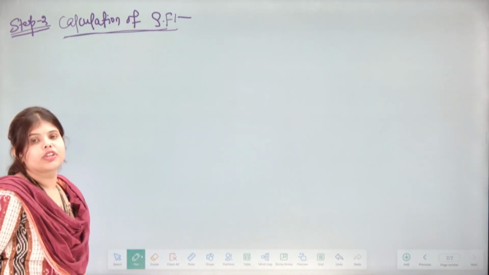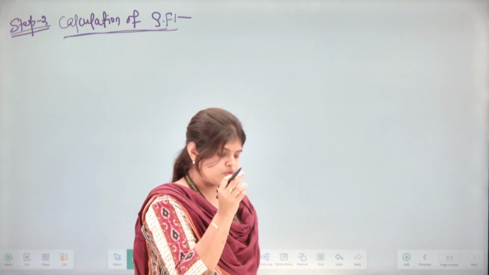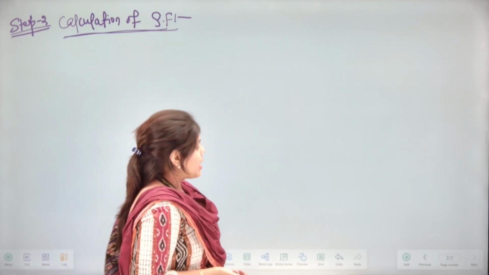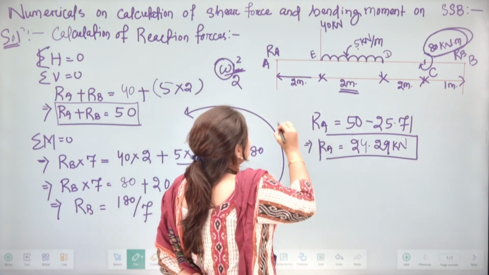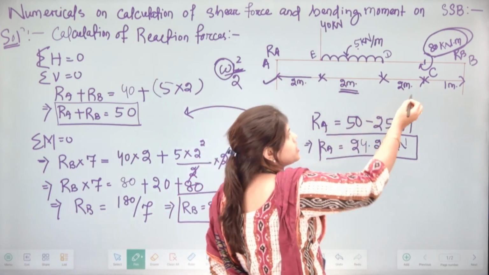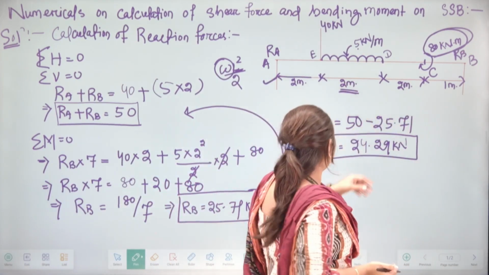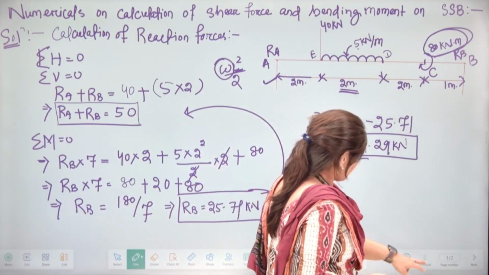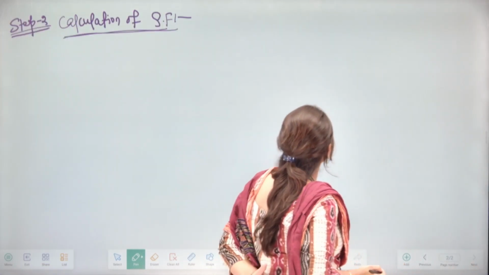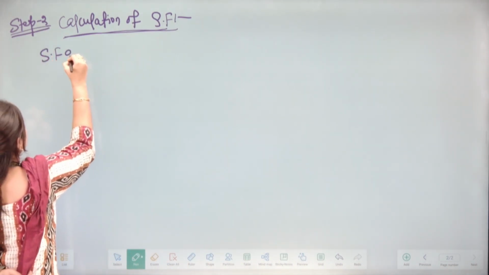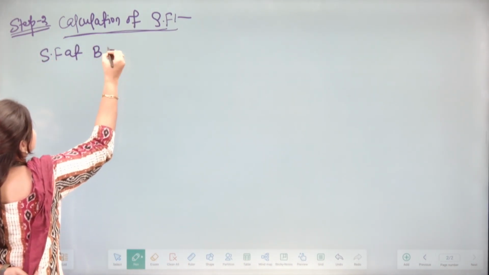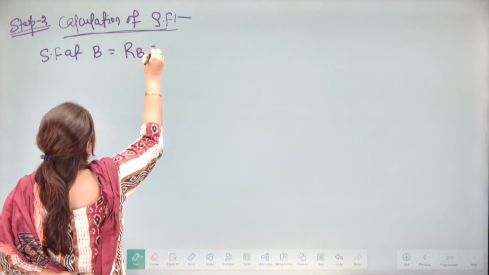Shear force is nothing but only the force that we have. As we have the reaction forces at the end supports, we can directly find the shear force. SF at B is equal to Rb.